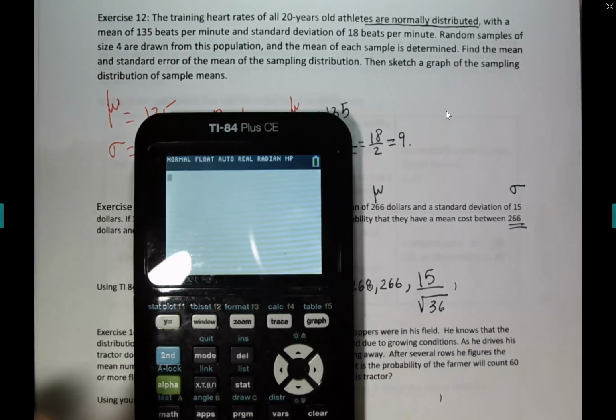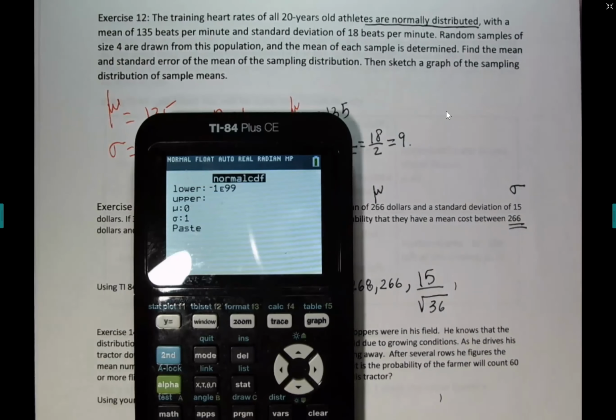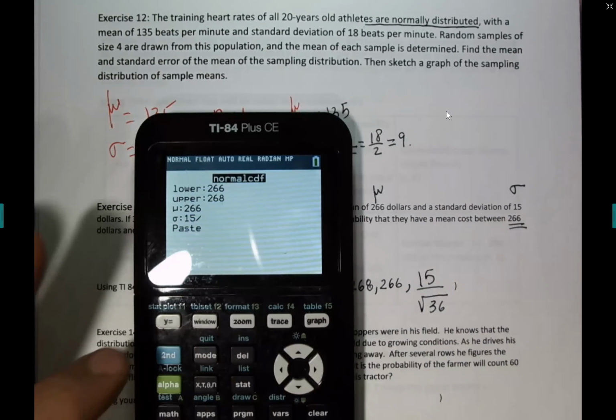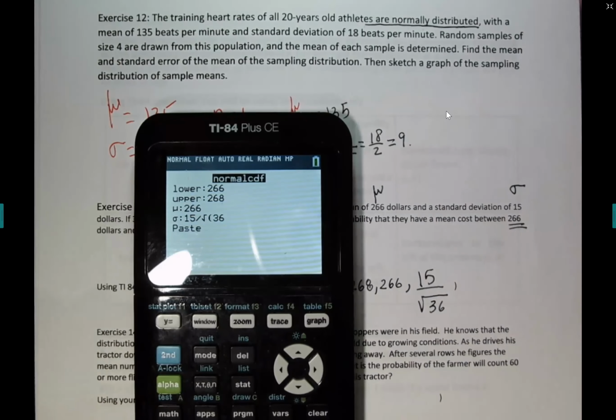Watch. So second, distribute, normal CDF, 266, 268. I do encourage the use of the calculator, guys. 266 here. And look, if you put 15, you're going to get the wrong answer. You put 15 divided by square root of 36, you're going to get the correct answer. Close parentheses.